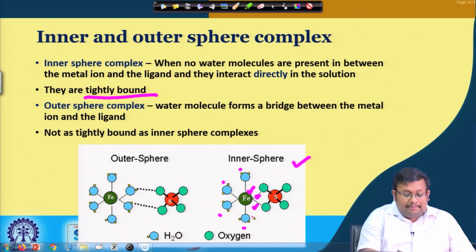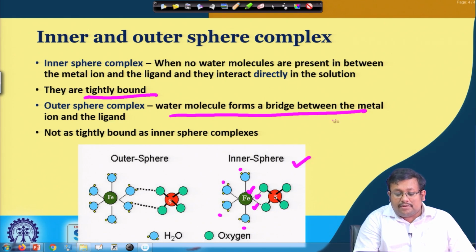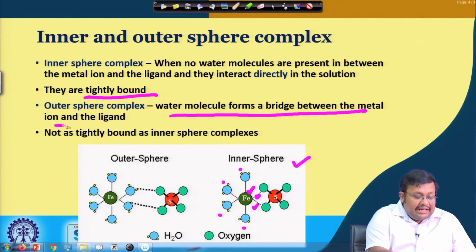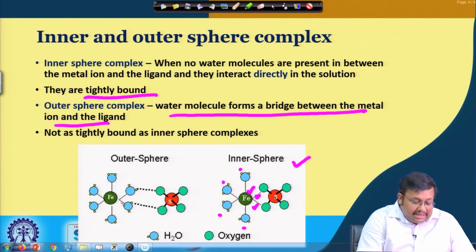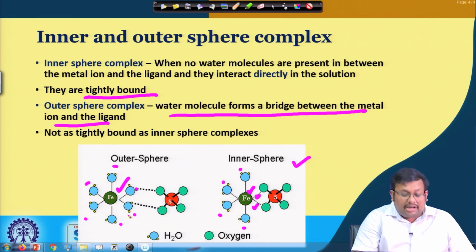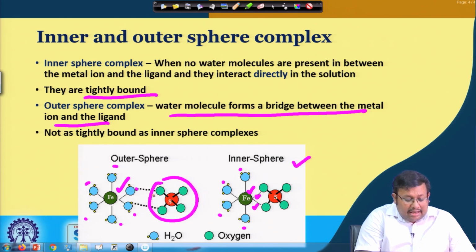Now, an outer sphere complex is when water molecules form a bridge between the metal ion and the ligand. As you can see here, this is again the metal ion, surrounded by 1, 2, 3, 4, 5, 6 water molecules, and these water molecules form hydrogen bonds with the ligands. Due to the presence of water molecules as a bridge between the metal ion and the ligand, they are called outer sphere complexes.